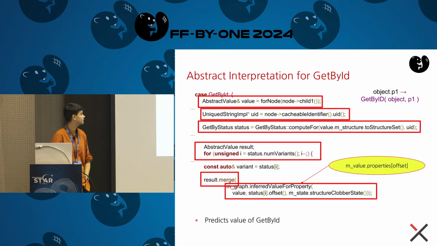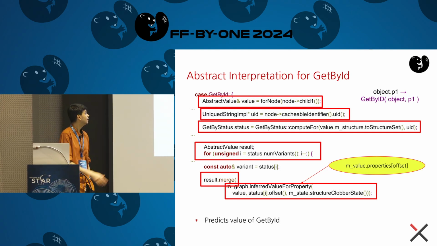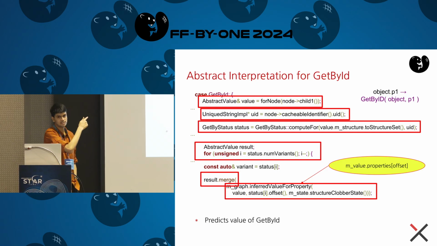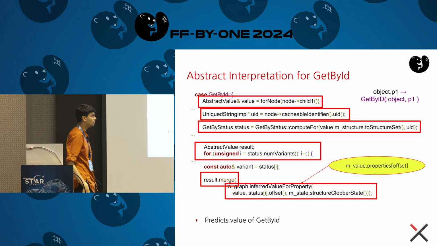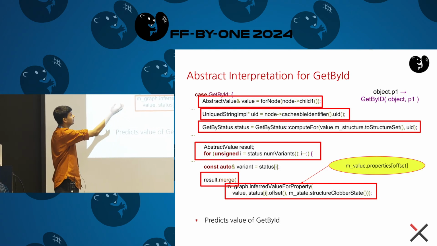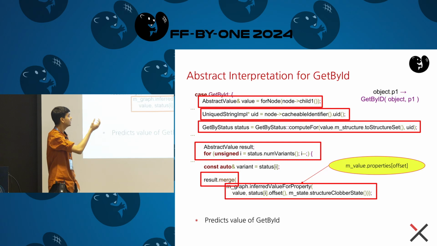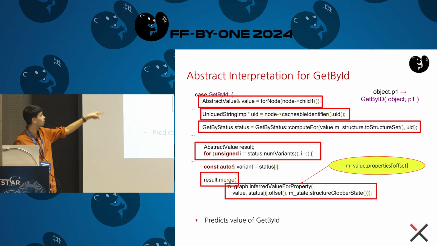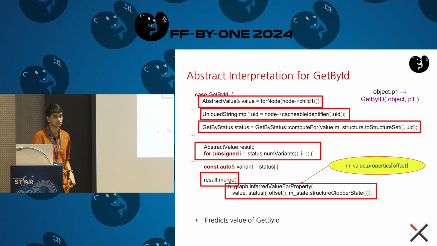Now what this function does is that it checks if object is a constant, const specifier for example, and if it is a constant, then it goes directly and fetches the offset that it's passed and fetches that value. So it knows the type of object.p1, and it does that for all the variants, and the results are merged together.